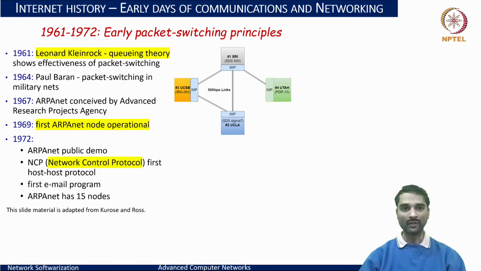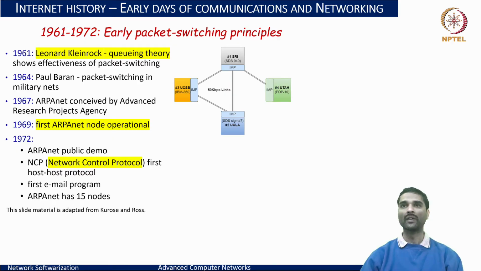And during these times, professors at various places were also looking at building these networks. Donald Davies at the National Physical Laboratory in the UK, Paul Baran at the RAND Corporation in the USA, and Leonard Kleinrock, who was then an MIT PhD student, were looking at packet-switched networks. And the work by Leonard Kleinrock showed the effectiveness of packet switching.